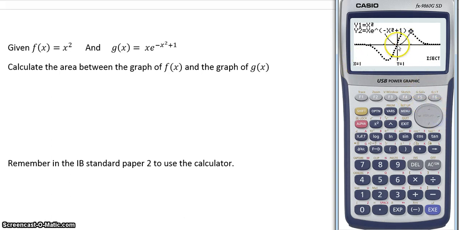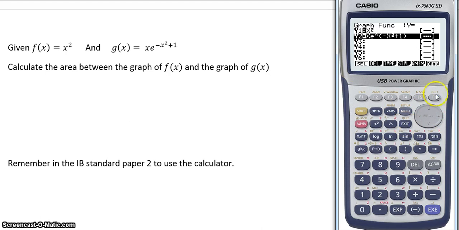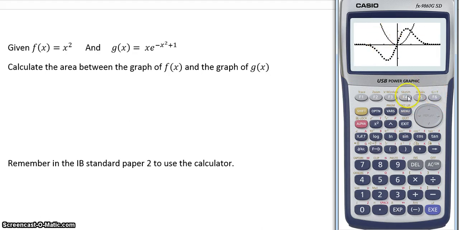Okay, so our limits will be from 0 to 1, from the x values of our intersection points. Now draw them again, and with the gsolve button again we're going to use the little arrow with F6 and choose the integral.